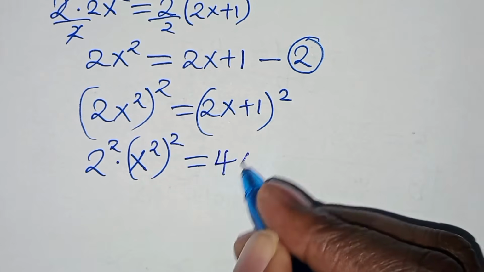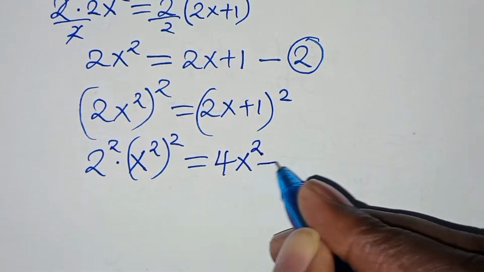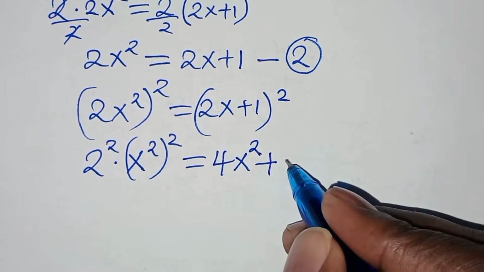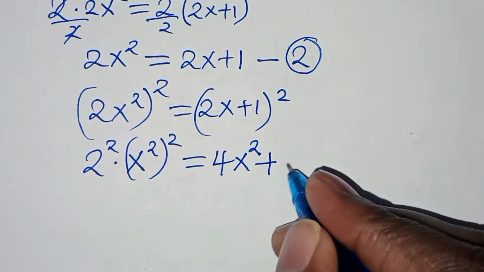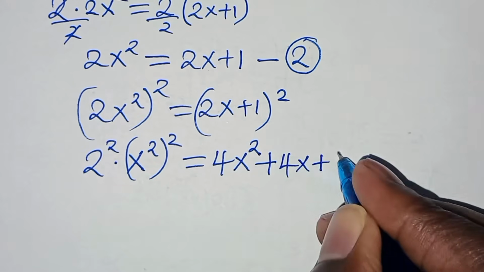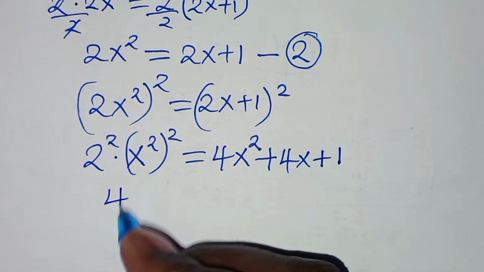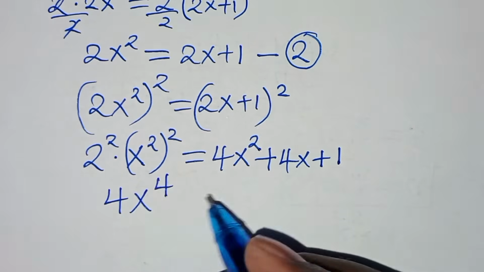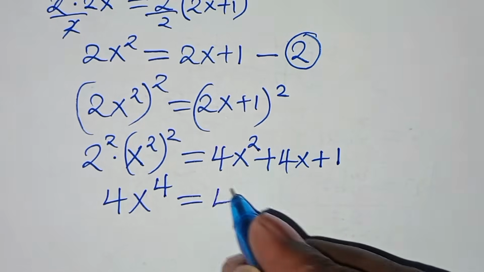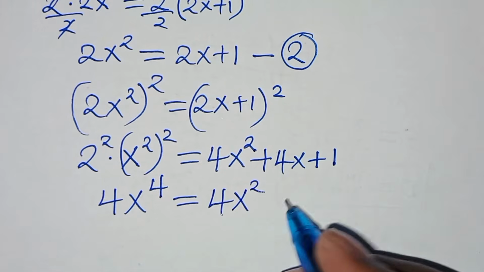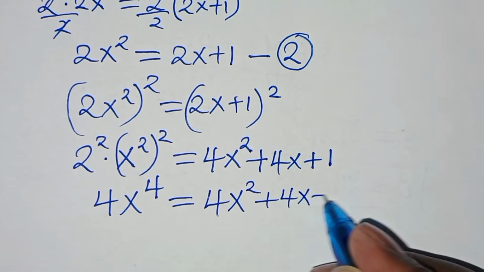This is the same thing as 4x to the power 2. Then plus, we have 2 times 2x times 1. This is 4x plus 1. So this implies here we have 4x to the power 4. This is equal to 4x to the power 2 plus 4x plus 1.